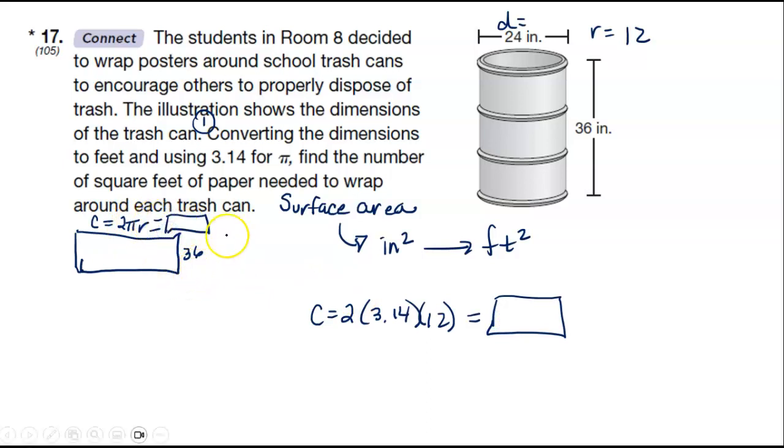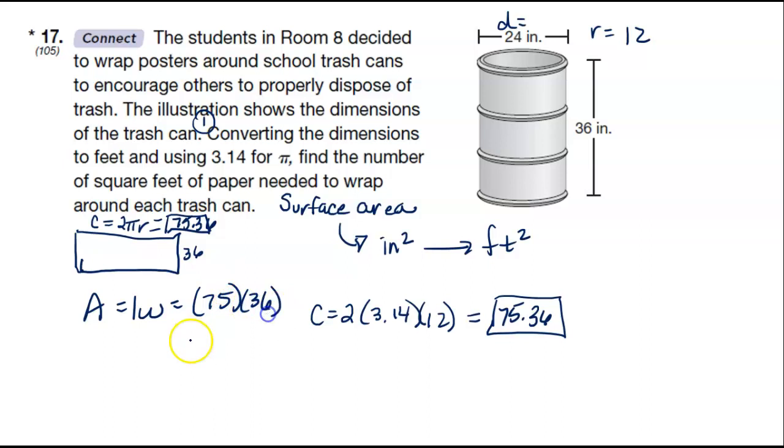Once I have that, hold on. So 2 times 3.14 times 12 is 75.36. So the area is length times width, which is 75 times 36.